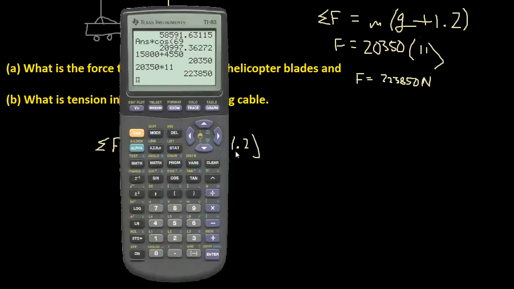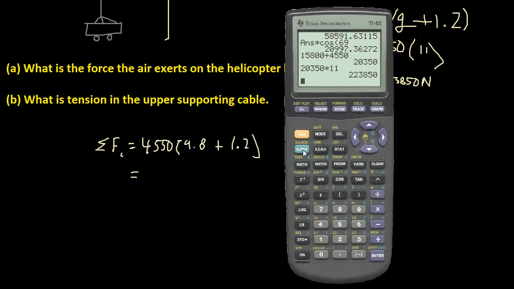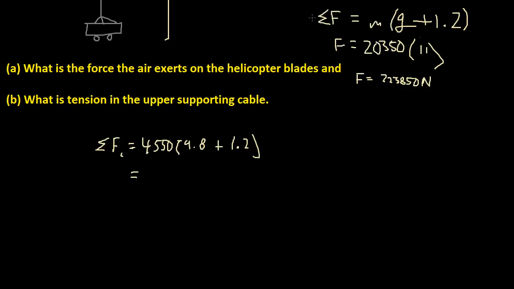Now if you multiply that out, 9.8 plus 1.2 is 11, so this is 4550 times 11, and you get 50,050.